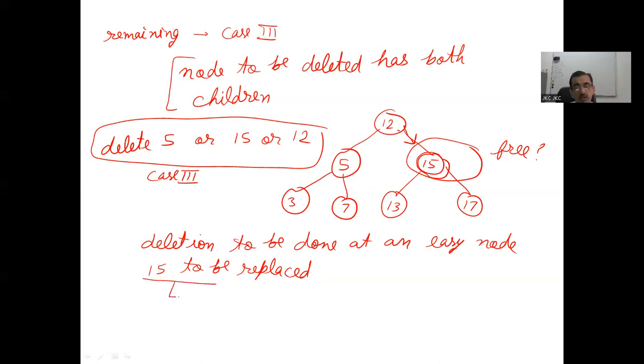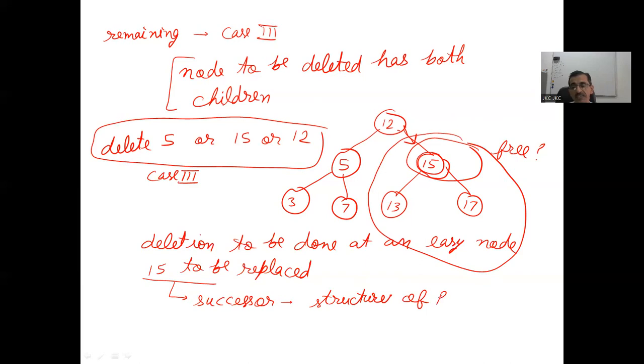Now comes the use of successor or even predecessor also. So I say, if I replace 15 with its successor, the whole BST structure in this side will remain undisturbed.